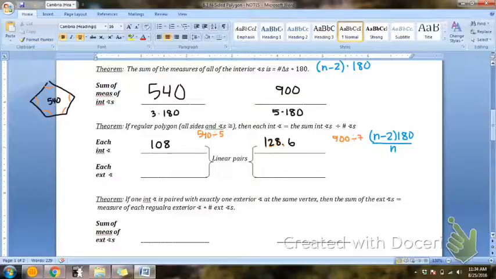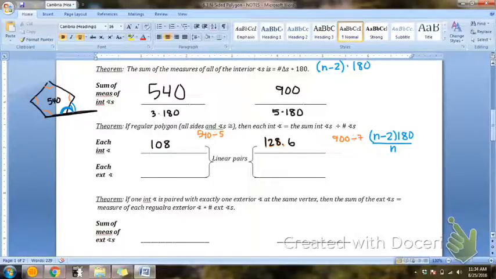And then something to note, each exterior angle, if we go back to my diagram over here, if I say that this angle is exterior with this orange one inside, what do I know about these two together? They're a linear pair.